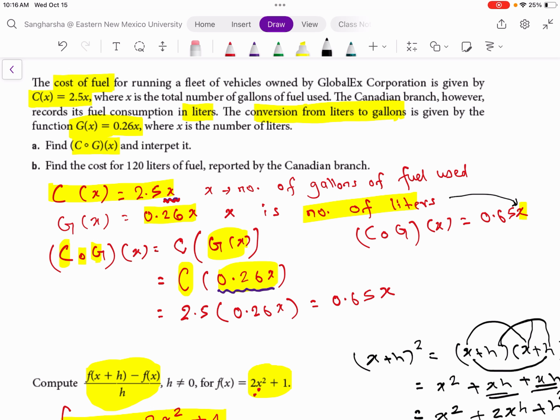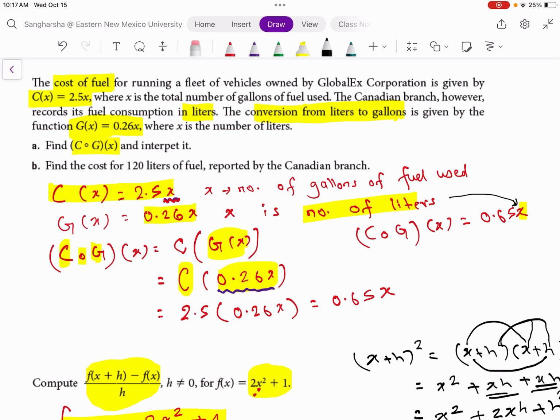G of x, right? So if we just read that last statement, the conversion from liters to gallons is given by G of x. So we want to convert 10 liters into gallons. Our input x is 10. So 0.26 times 10, that is 2.6 gallons. So 10 liters is 2.6 gallons.